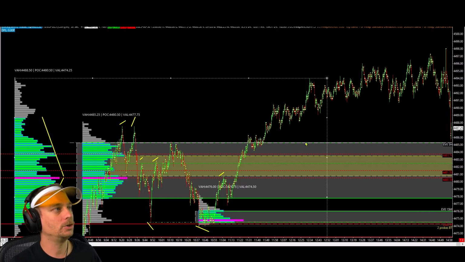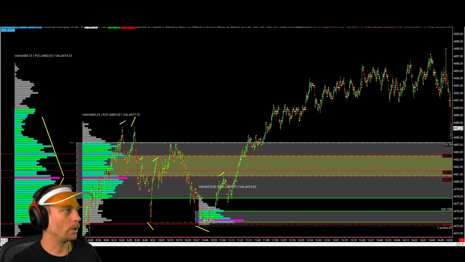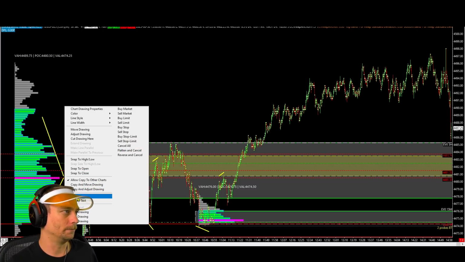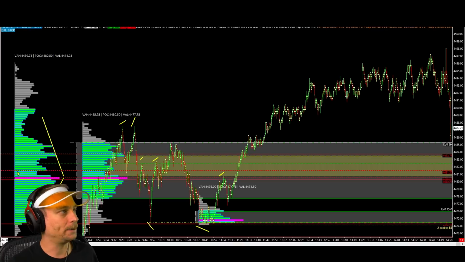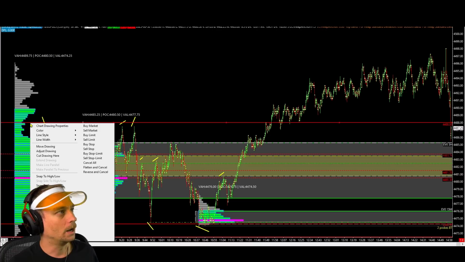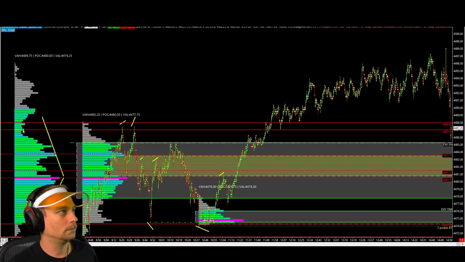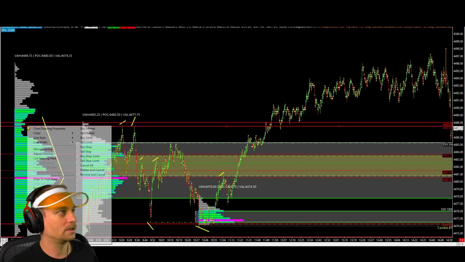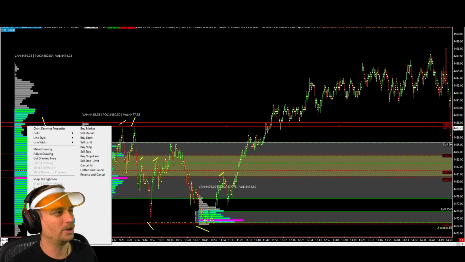And we want to continue to draw this out. What do we want to do here? Well, we're going to want to copy and adjust the drawing. And we know that there is a low node cluster right here in this section. And what I would probably do is just kind of mark, because these are all equally low nodes.